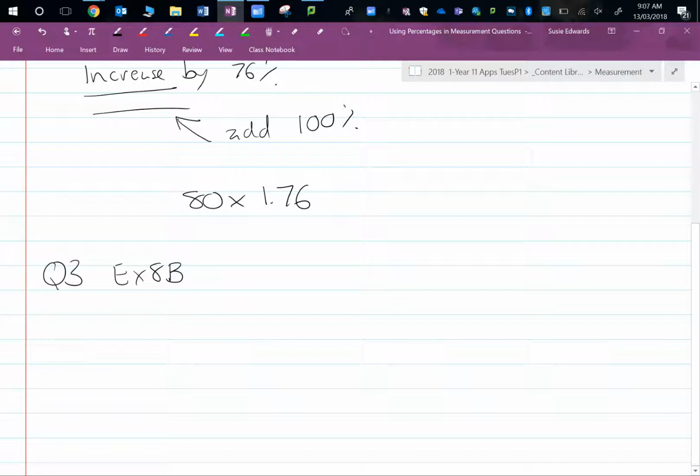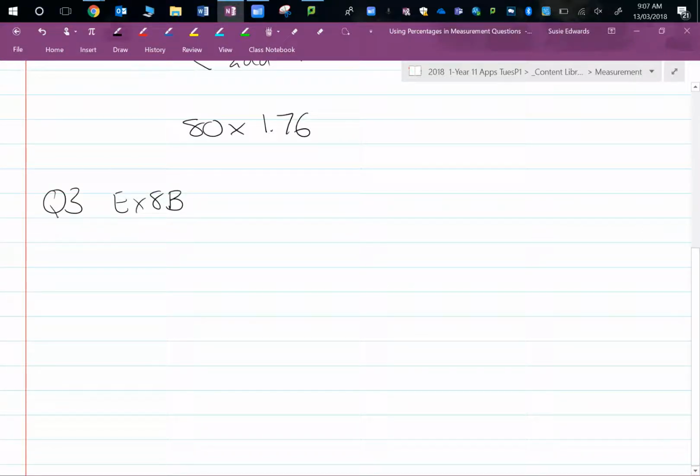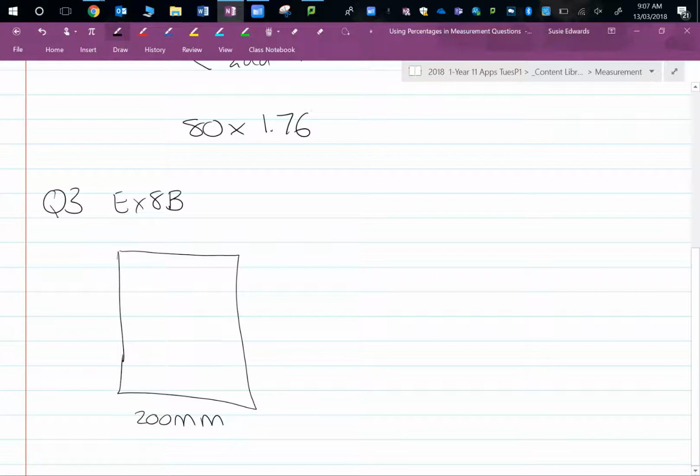Okay, can someone tell me the dimensions of that page? Yep, so 200 millimetres by 110 millimetres. So this is the measurement and it's asking you to find the area. So I'll just do this first bit of the question for you, okay? And then we can work out the percentages as we go.